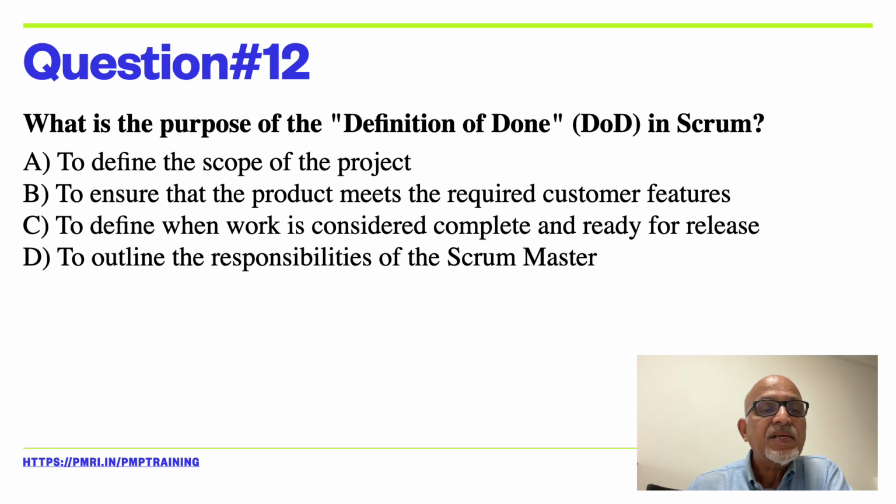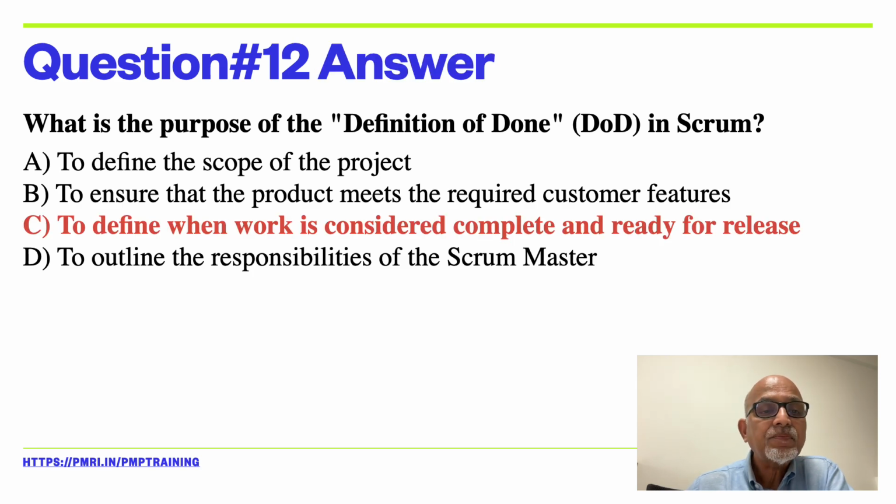Option C, to define when work is considered complete and ready for release. And option D, to outline the responsibilities of the Scrum Master. So here the correct answer is to define when work is considered complete and ready for release.